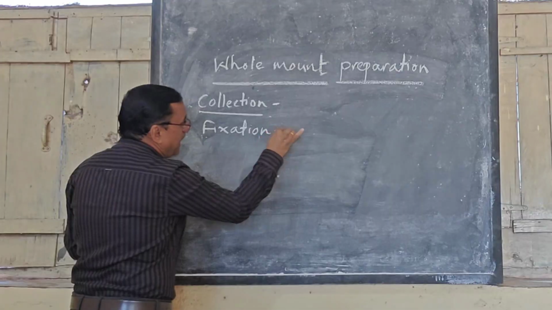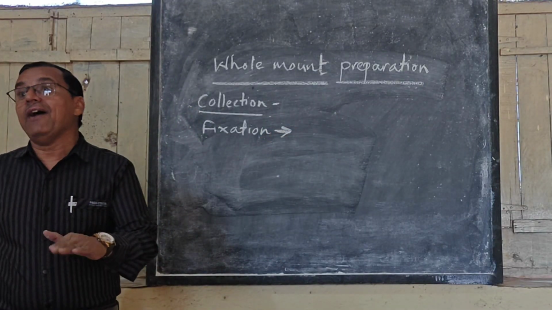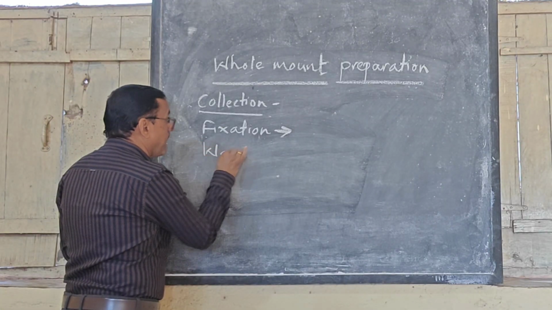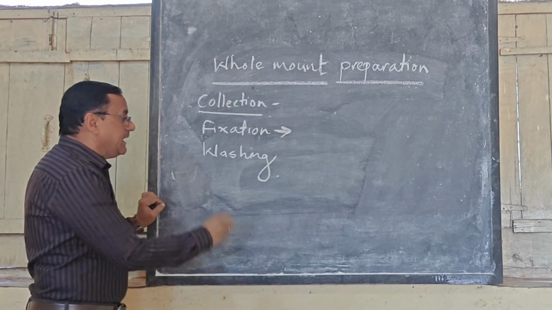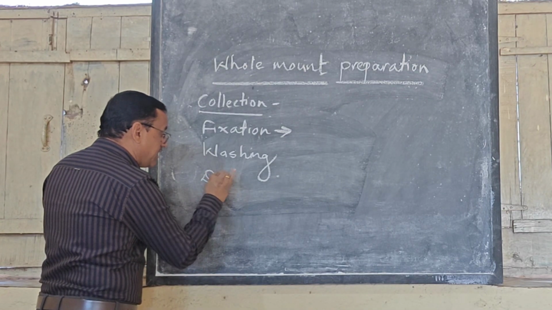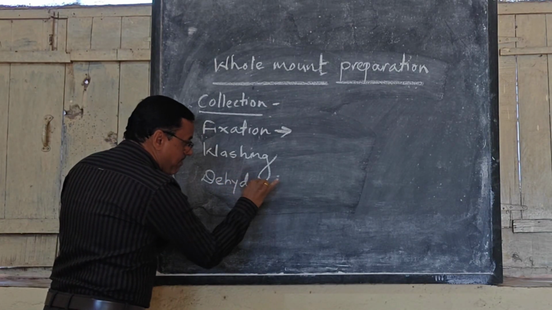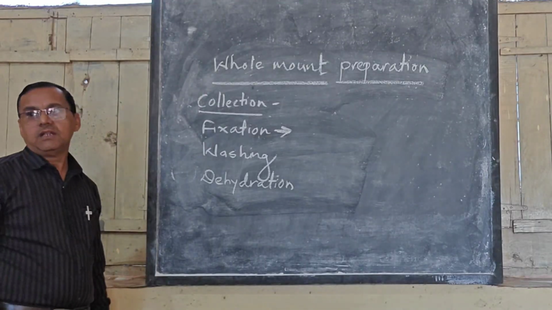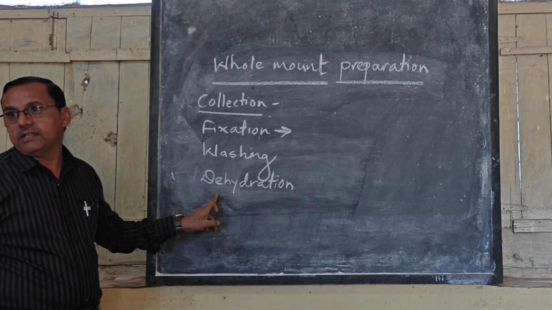Tissue or animals are fixed. After fixation, they also have to be washed. Then after washing, you have to dehydrate them. That is removal of water from these animals.